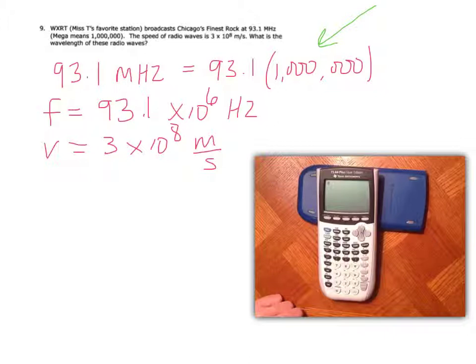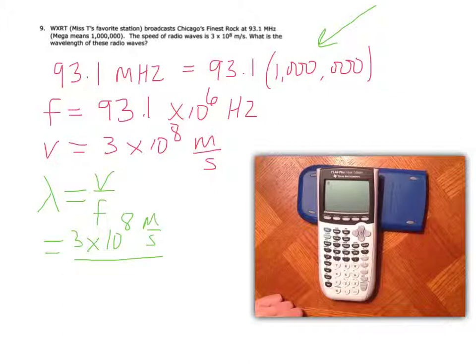And in the corner here, there's a little video showing you how to plug scientific notation into your calculator. So we're going to go ahead and solve for wavelength the same way that we just did before. Velocity over frequency. So we're going to plug that in as 3 times 10 to the 8th meters per second divided by 93.1 times 10 to the 6th hertz.